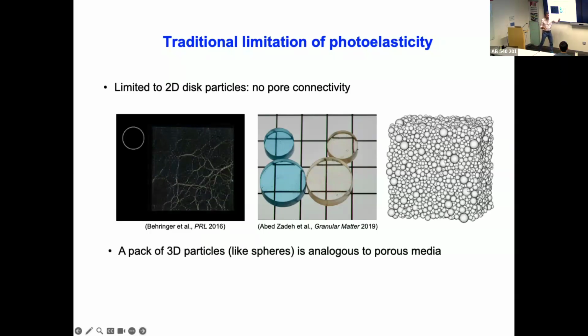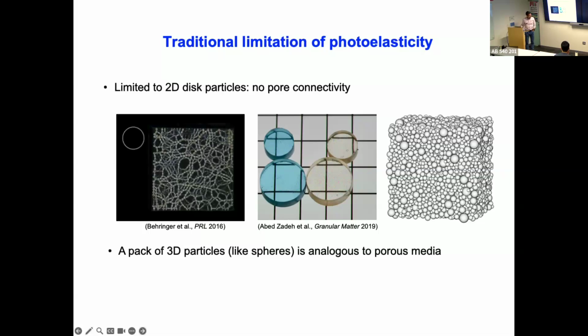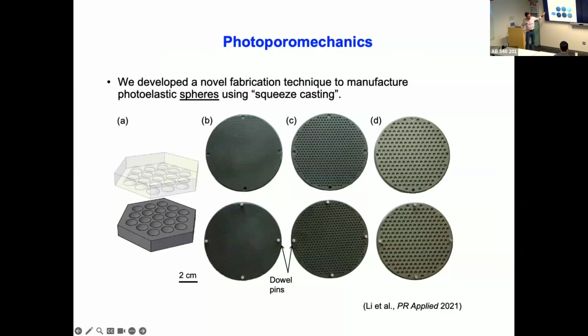So instead, what you need is a three-dimensional granular material where the pore space is connected. So this is all work led by a former postdoc in my group, faculty at Stony Brook, Wei Li. So he developed the technique to fabricate these beads.